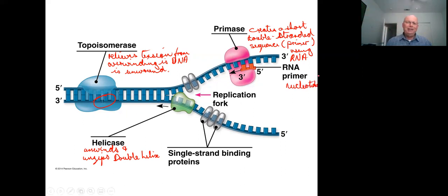The reason for creating the primer is because of the nature of the DNA polymerase, which we'll get into in a moment. And then these single-stranded binding proteins, I've already told you a little bit about these.